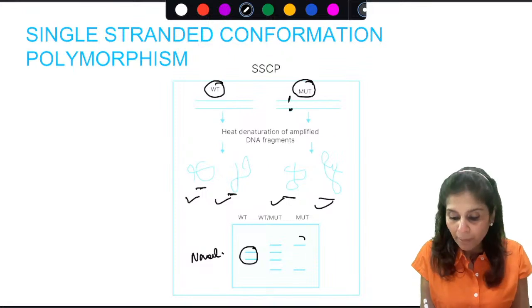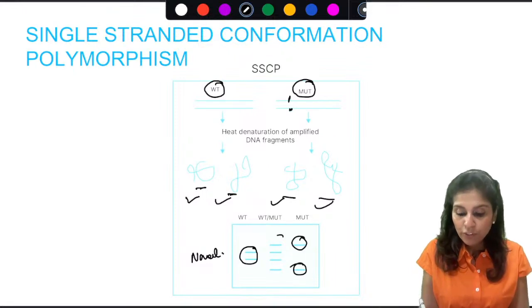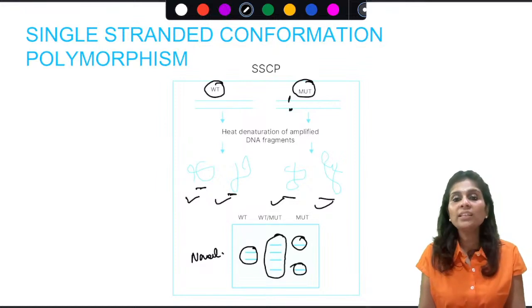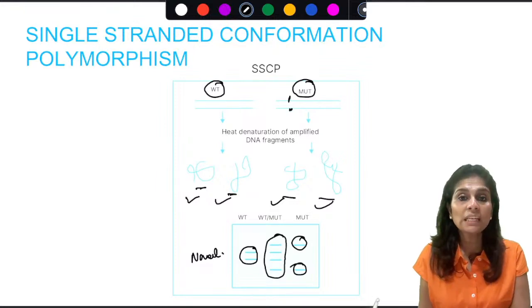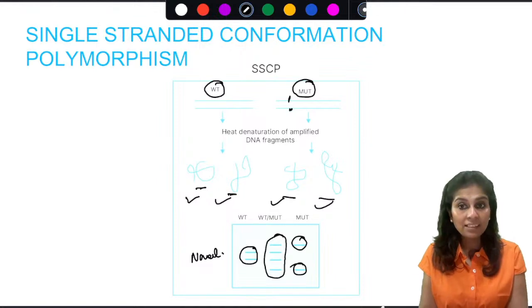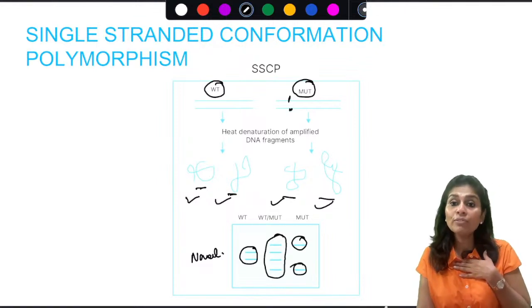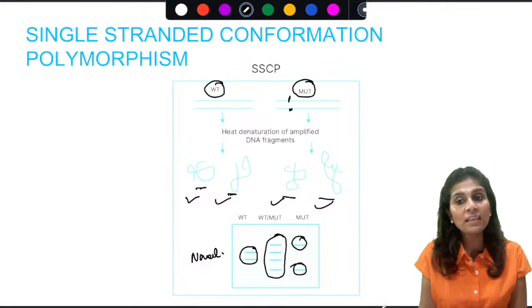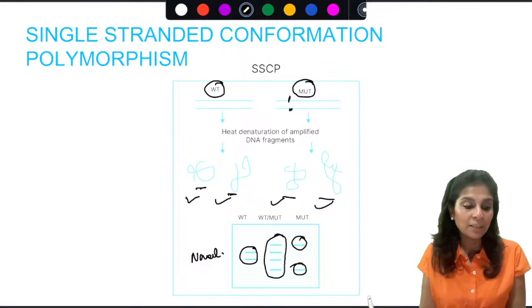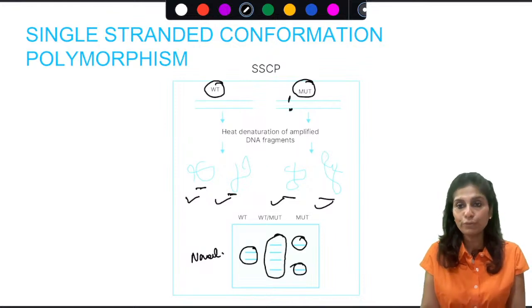Okay, if it migrates like this, I know it is mutated. If you see both kinds of migration, it means the person is heterozygous for the mutation. So depending upon how it migrates after denaturation, I will be able to make a diagnosis of whether a person has got normal allele or a mutated allele. Is that clear? So that's about single-stranded conformation polymorphism.